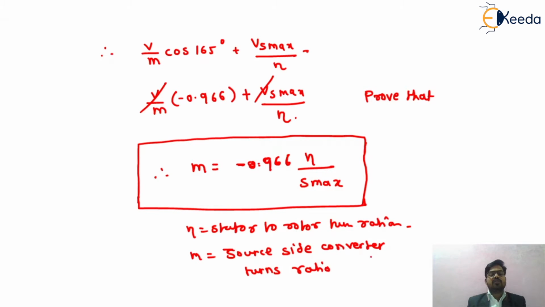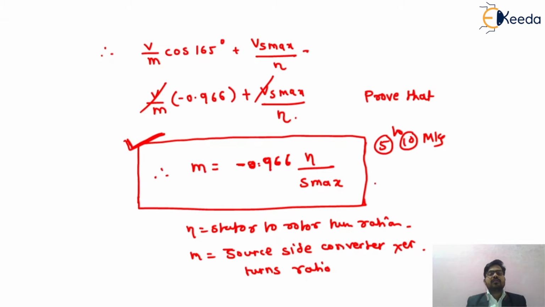Okay, so this will be a very important equation, because most of the time in university examinations such a question will be asked for 5 to 10 marks. Prove that m is equal to minus 0.966 n divided by s max. So this will be the required derivation in concern with your slip power recovery scheme.